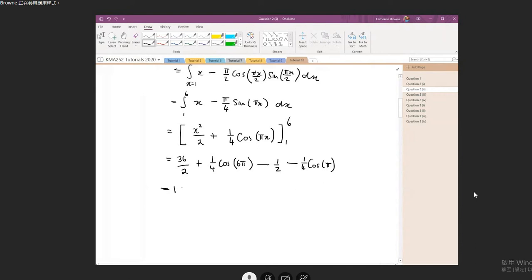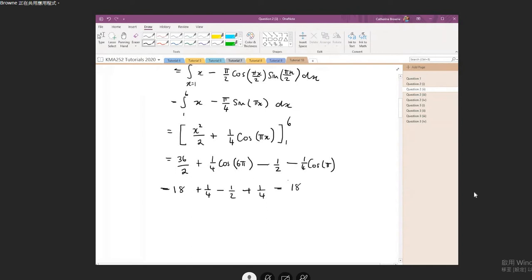So we get 18 plus 1/4, because cos 6 pi is 1, minus 1/2, plus another 1/4, because cos pi is -1, so we still get that equal to 18.